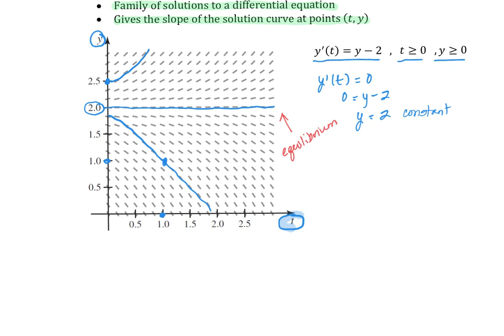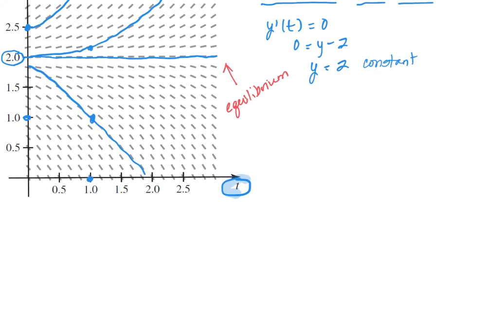Or let's go to t equal to 1, and our y value is just above. Follow, and you have this solution curve. All of these represent some function y, and since it's going up, y is increasing. So again, if y is greater than 2, we say the solutions are increasing.